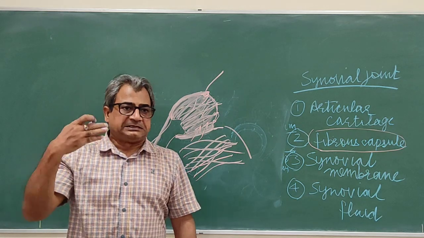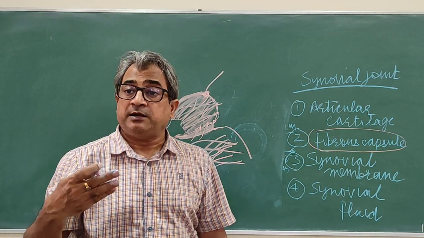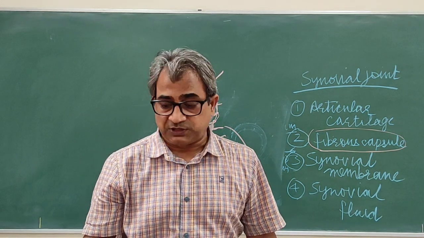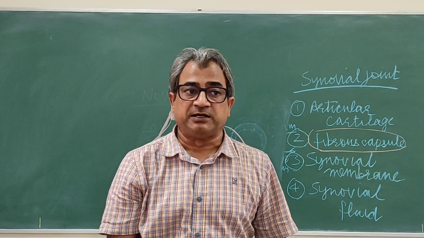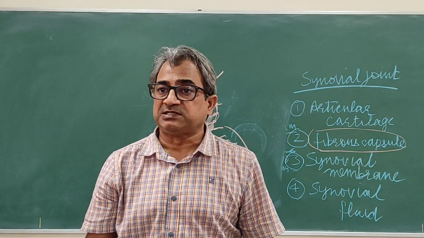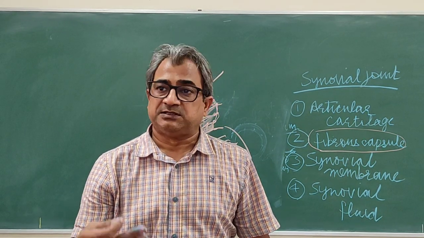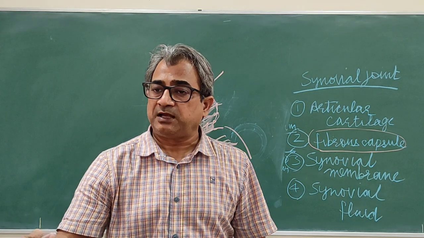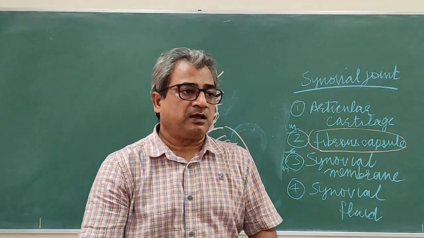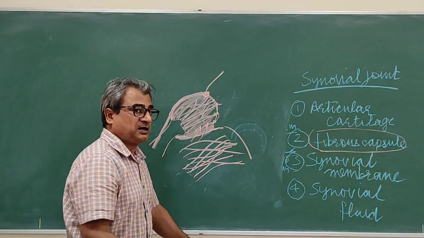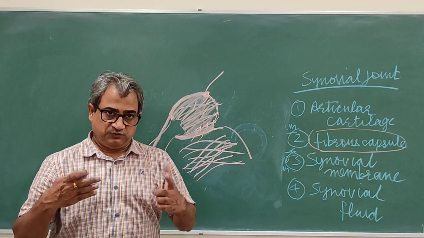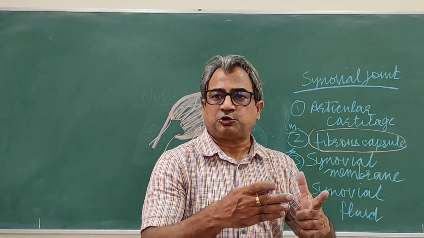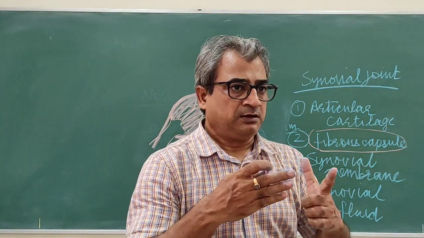So you can say the tendons; there can be intracapsular ligaments which are present in the knee joint related to the semimembranosus muscle. The part of the muscle is related to the intracapsular ligament, right? So there are ligaments, tendons, nerves, and blood vessels which can perforate through the fibrous capsule.